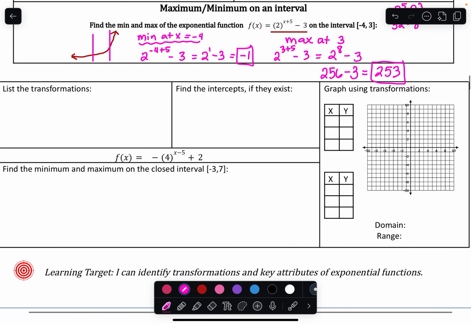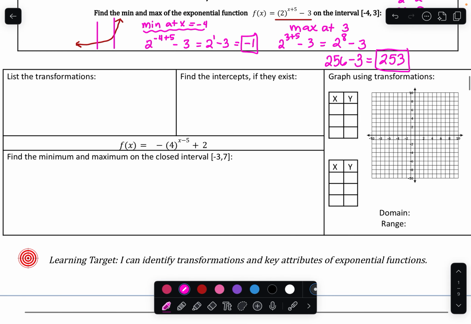Okay, let's practice. So on your test, you guys are going to have a calculator for finding the key attributes, but you won't have it for graphing. So we're going to practice graphing using only transformations, and then we can find the intercepts using our technology.